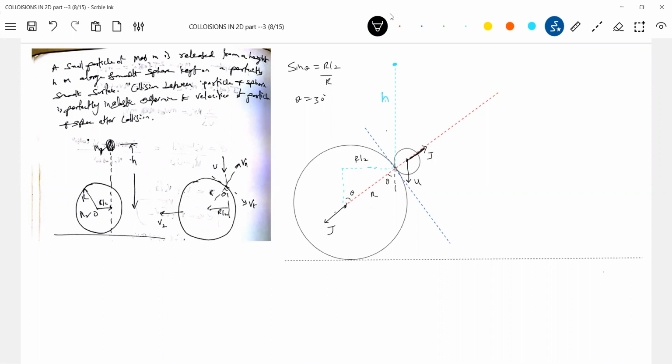Now instead of X, Y, I will describe the motion along normal, along n cap, and this is the tangential, with respect to the sphere. There's a particle, or small ball. We know theta, so we can manage here.